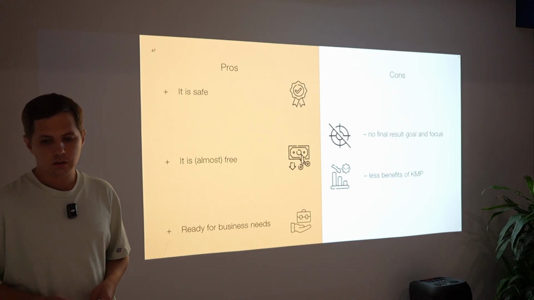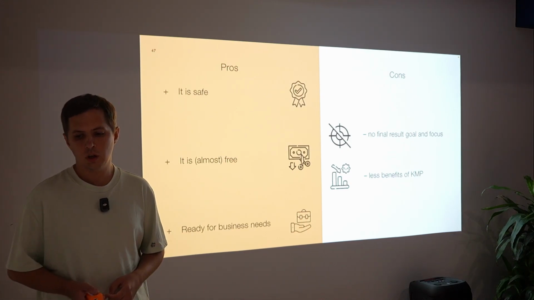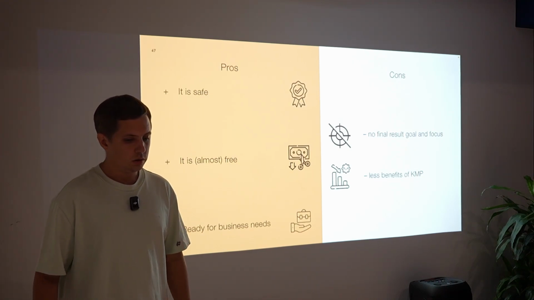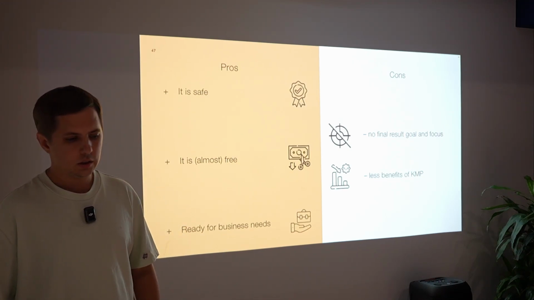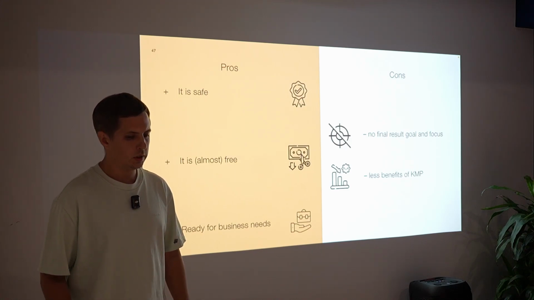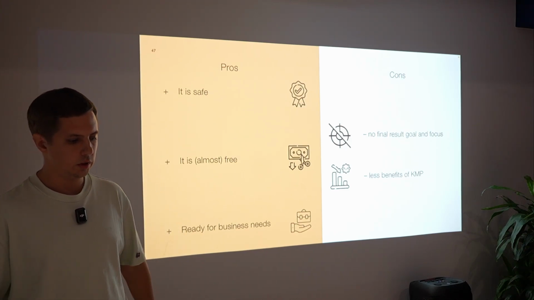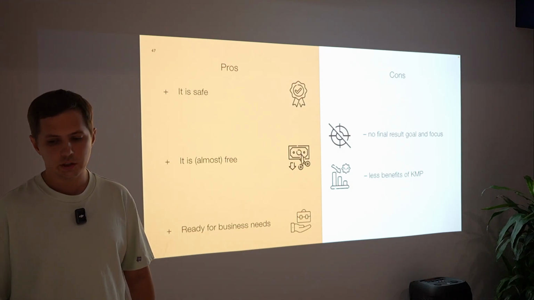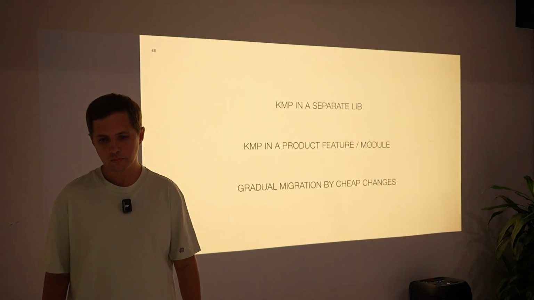And the second one should also be obvious: because we don't use KMP in iOS, for now it has fewer benefits in comparison to if we already used it for the second application. So the second application is still native.